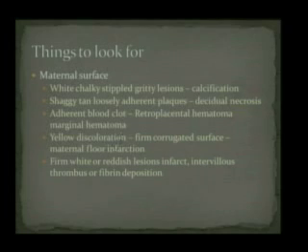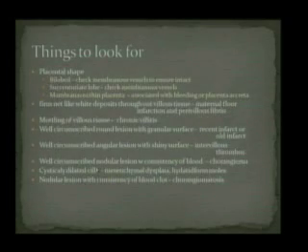And then on the maternal surface, always flip it over, see if you can see anything. White chalky stripes, granular lesions or calcifications, usually due to infarction and necrosis. Decidual necrosis, retroplacental bleeds. Trying to think of anything else.